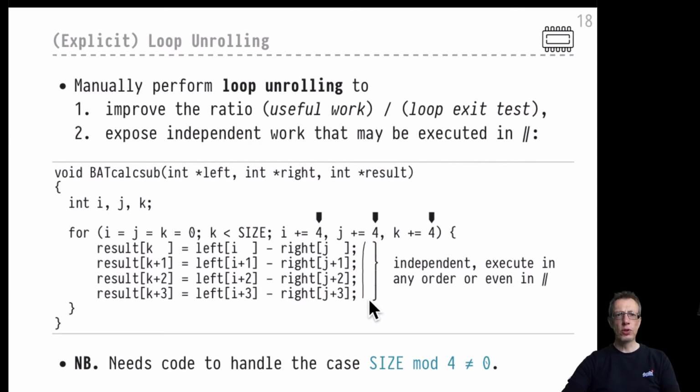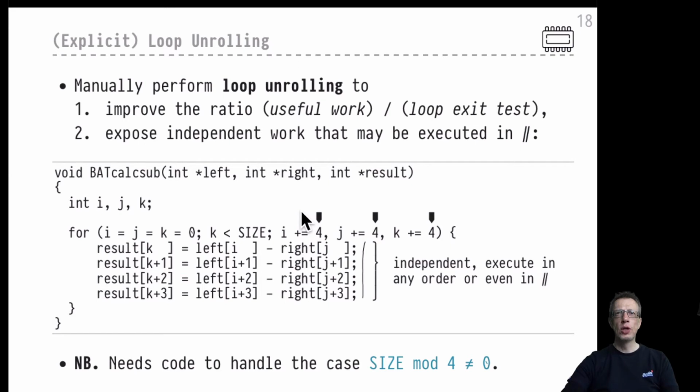This is not the focus currently, the parallelism, but what we also see is that only after we have done 4 useful units of operation, namely subtraction, only then would we consider loop control again and try to decide whether we have to exit the loop here.